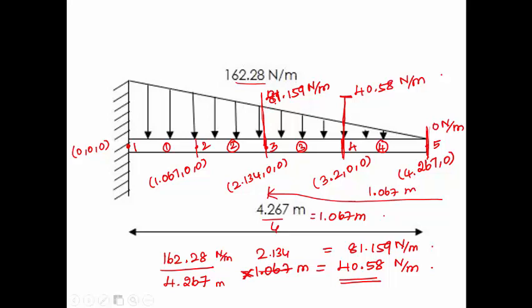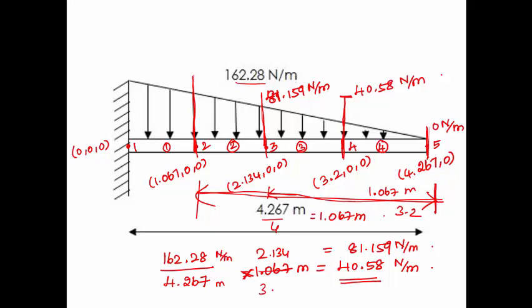Okay. If we calculate the variation at this location using the same procedure, that is 162.28 divided by 4.267 into this length, the variation should be calculated for the distance of 3.2 meter. This distance is 3.2 meter.